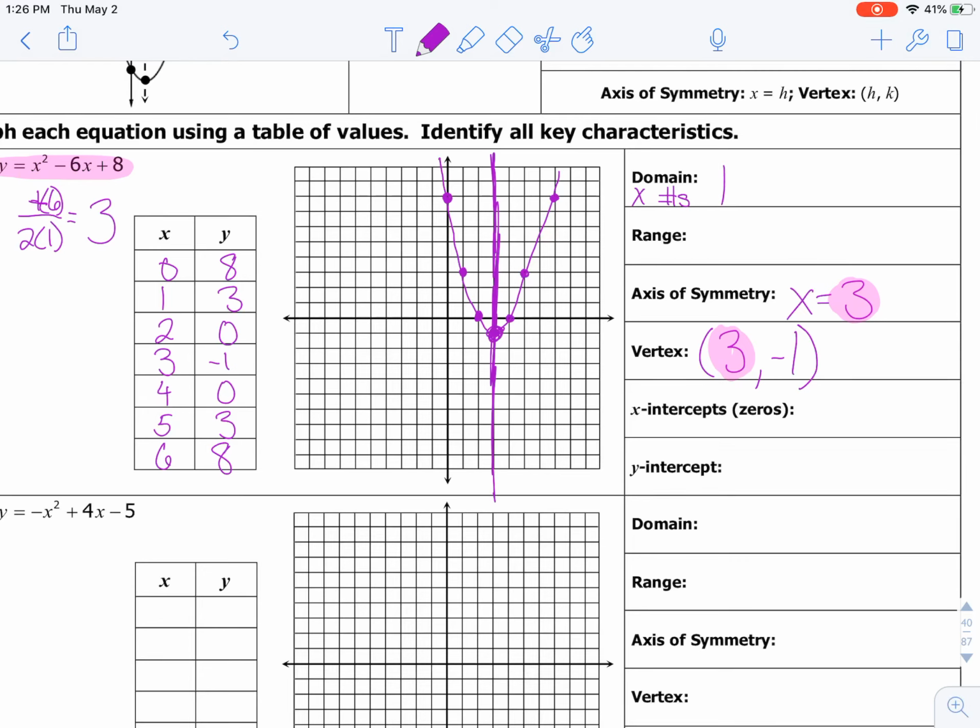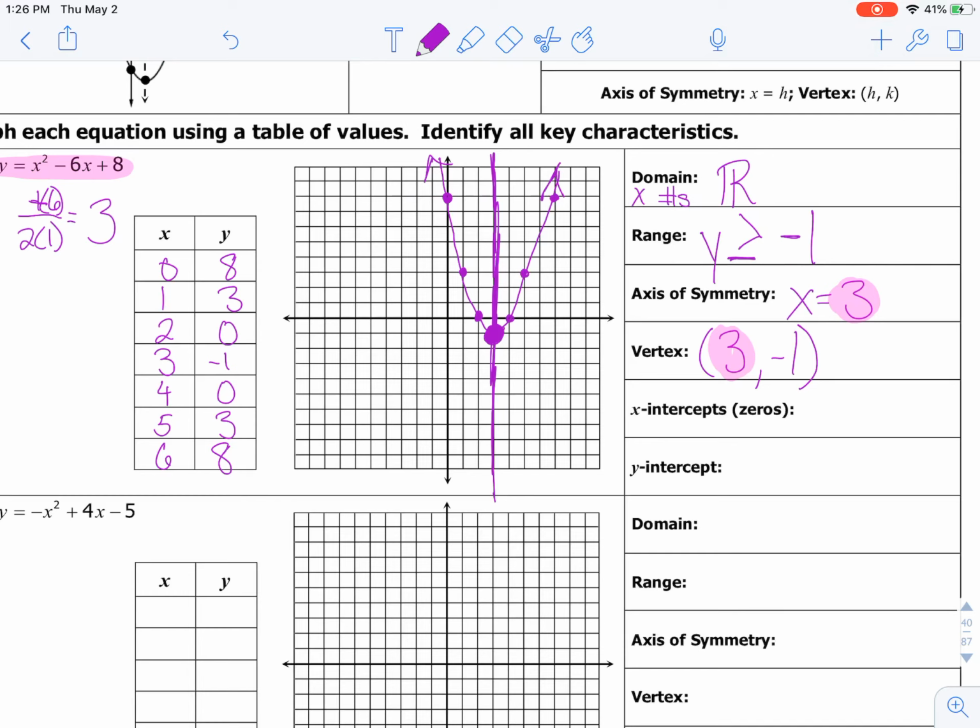My domain for quadratics are all real numbers, unless there's a definite beginning and end. But that parabola could extend on forever. My range, because all of my points are above that 3, negative 1, I want any y that is greater than or equal to that negative 1.